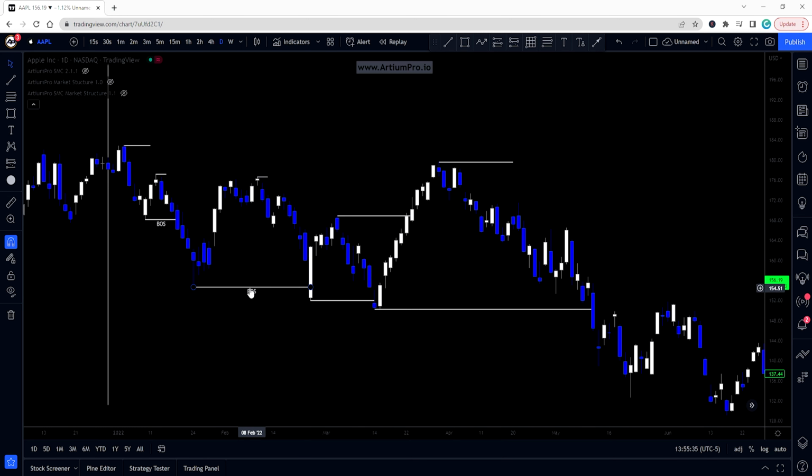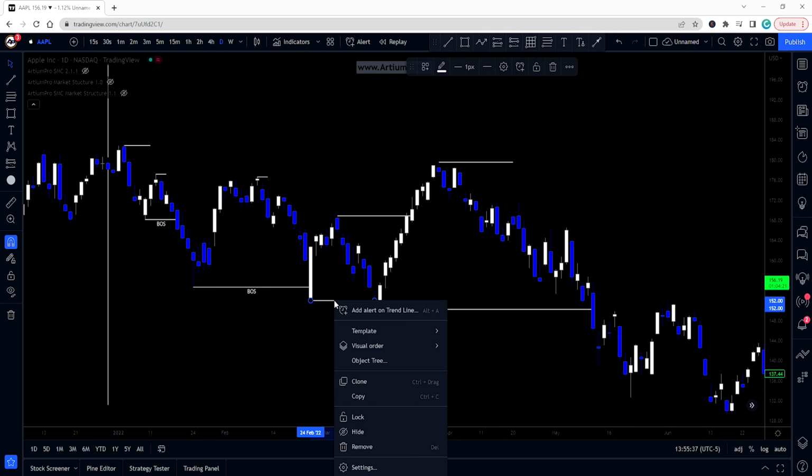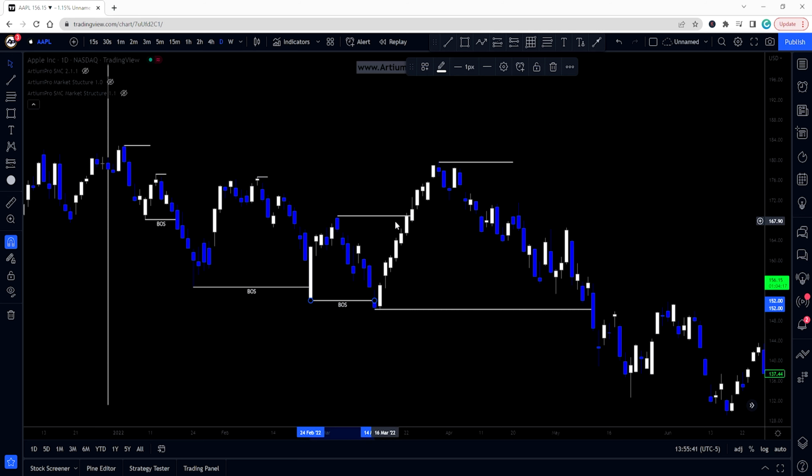So what did we get here? We had a break of structure, a break of structure, and a break of structure. And what is this? Well, this is a break to the upside, and it's the first one after a series of lower lows, and now we've got a higher high after some lower highs.